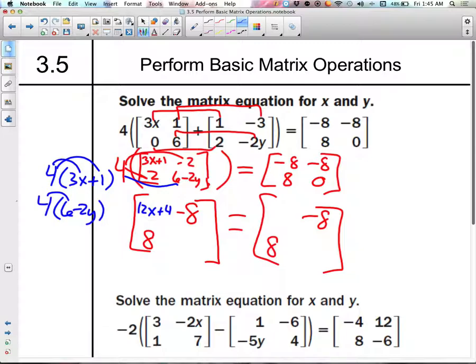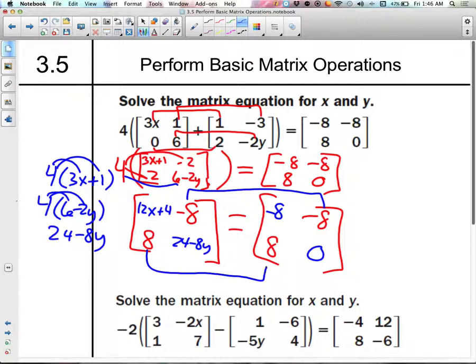So 4 times 6 is 24. 4 times negative 2y is negative 8y. And we have a negative 8 and a 0. All right. So again, negative 8 corresponds with negative 8, and 8 corresponds with 8.